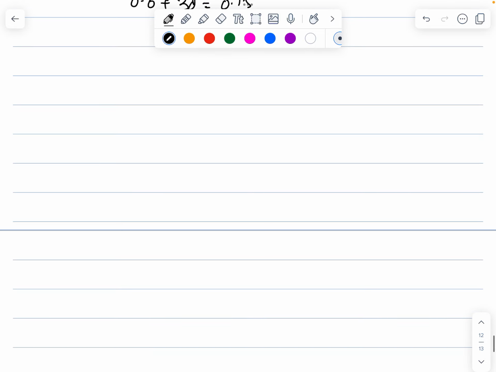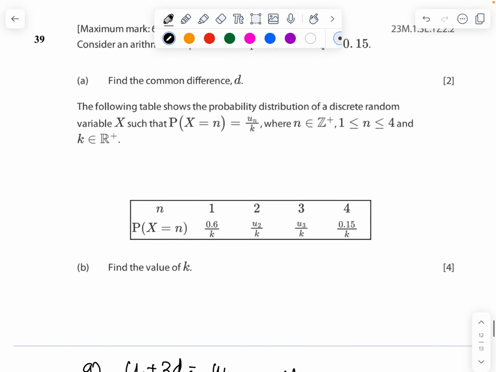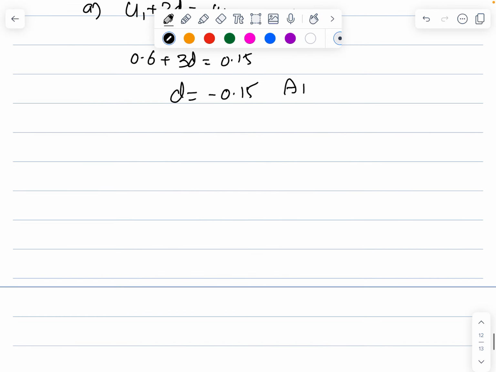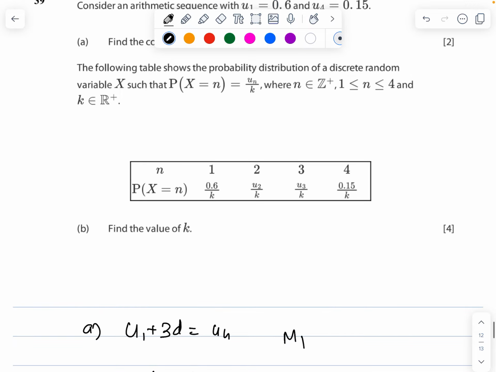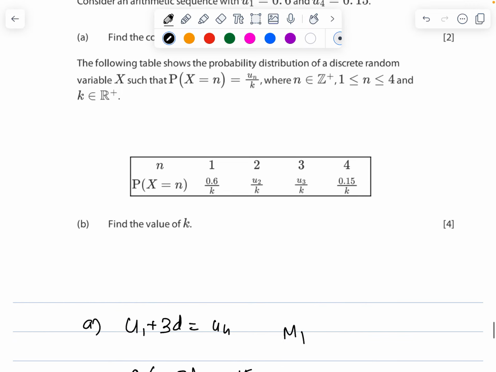Next, the following table shows the probability distribution of the discrete random variable. Find the value of K. So we know that probability of xn equals un upon k and k belongs to R plus.